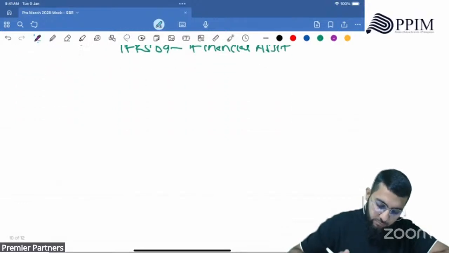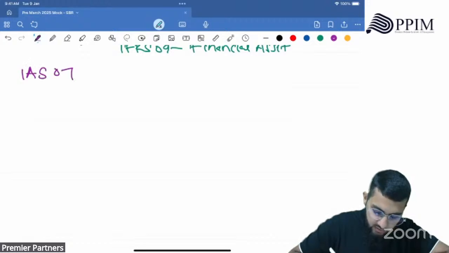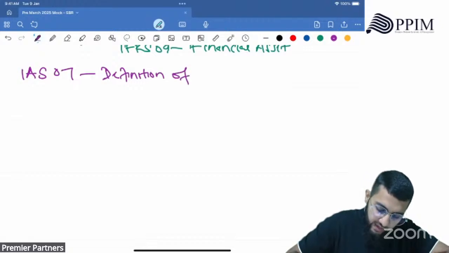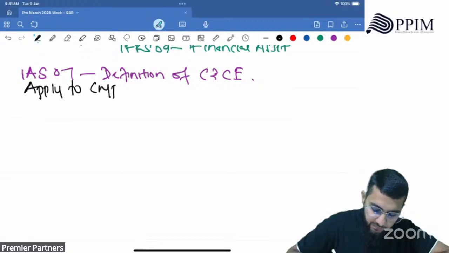So there you bring the IAS 7 definition of cash and cash equivalent. Then you apply it to cryptocurrency.